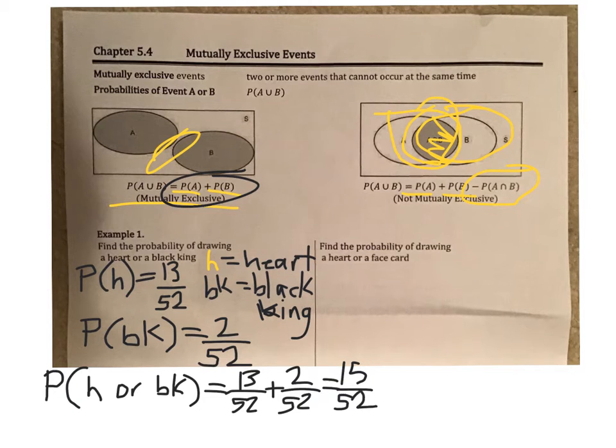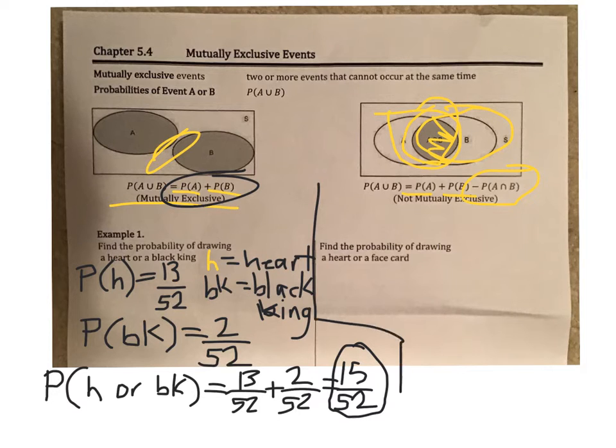Just like before, you can change it to a decimal by dividing top by bottom, or to a percent by dividing top by bottom times 100, or you can just leave it as a fraction. To match the answer key, a lot of times they reduce the fraction to lowest terms, and I've talked about how to match if you're not doing that. So the probability of getting a black king or a heart is 15 out of 52.